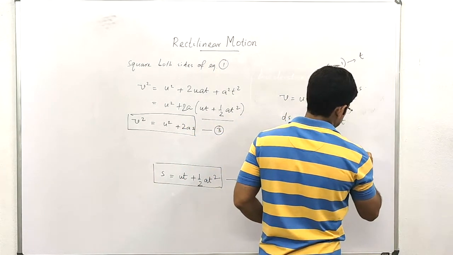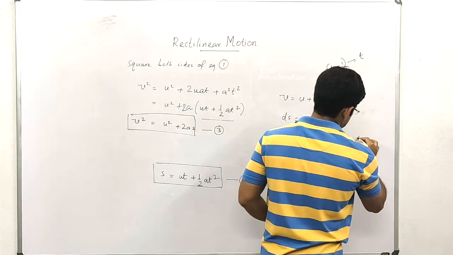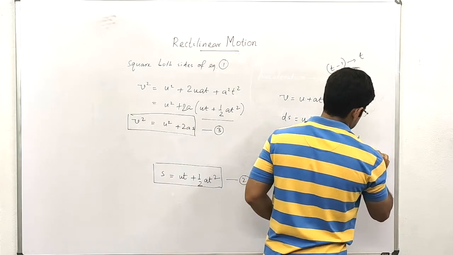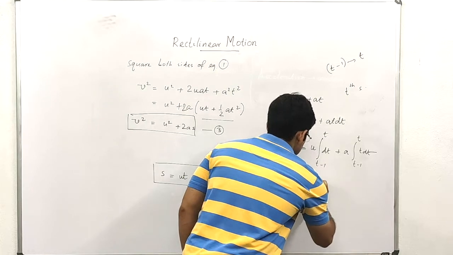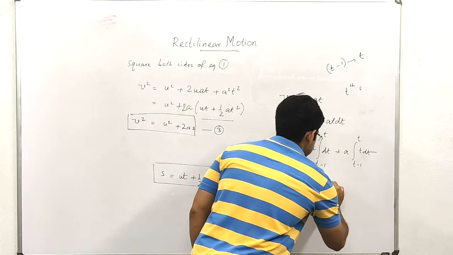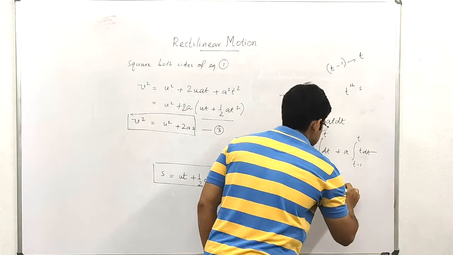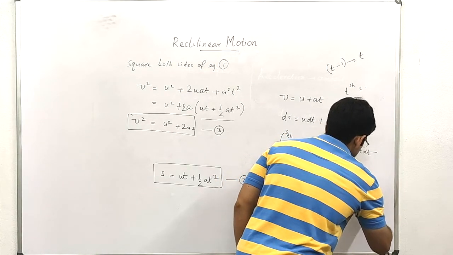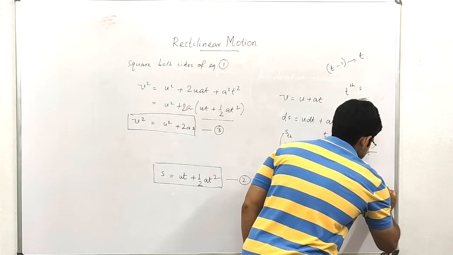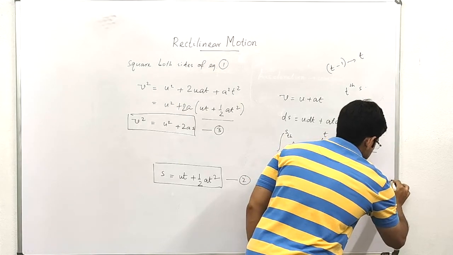plus, so here we have u times (t minus t plus 1) plus half a times (t square minus (t minus 1) whole square).